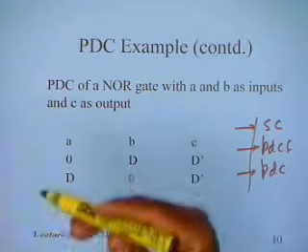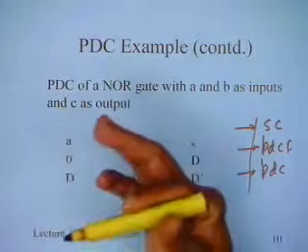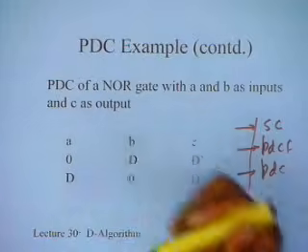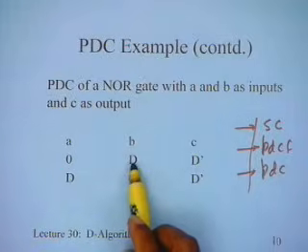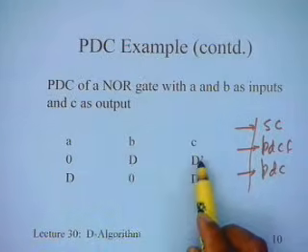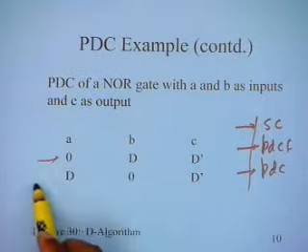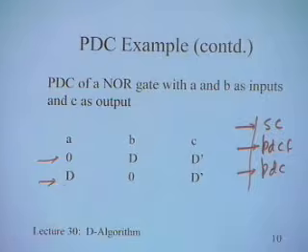So, when I am going to write my D algorithm, I will choose one of these rows as is convenient for what I require. For example, a fault has been propagated to this input and I want to get it to the output, then I will use this row. But if the fault has come to this input, I have to use this row. I will select any one row of PDC.